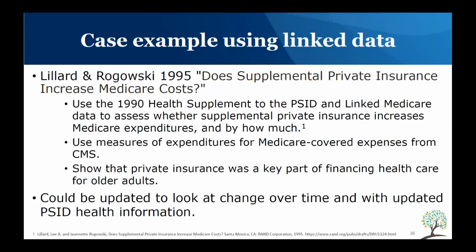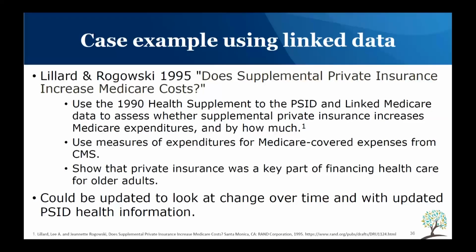They used measures of expenditures for Medicare covered expenses that were available in the linked data, specifically from Parts A and B. And what they show is that private insurance is actually, or was back then in the 90s, a key part of financing healthcare for older adults.